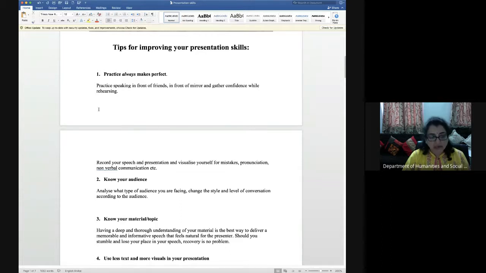When all this is right, only then can you speak further. So command over language, then grammatical sentences, formation of sentences, and then accent and pronunciation, which has to be perfect, right?